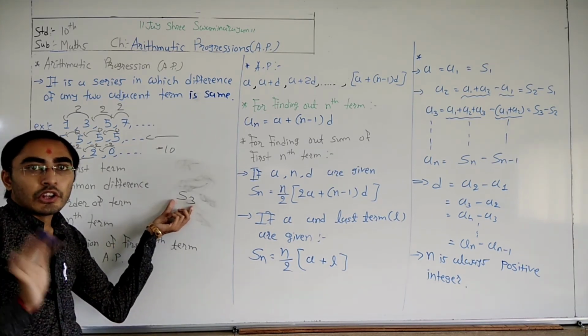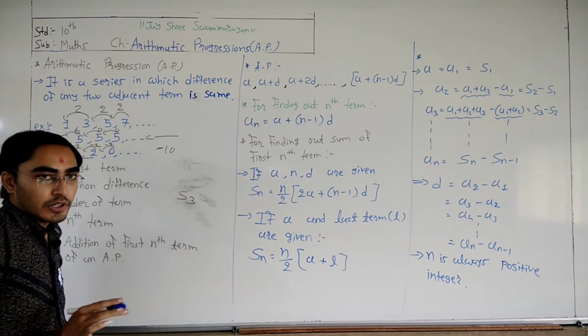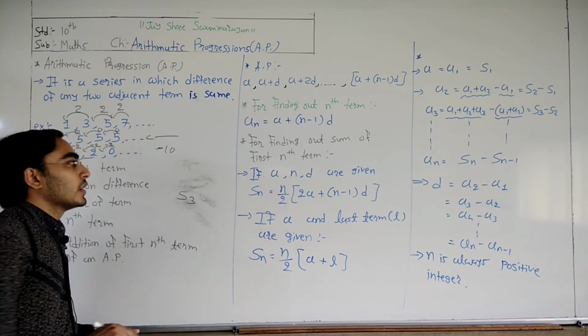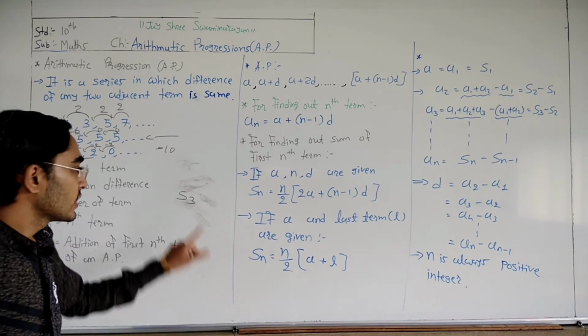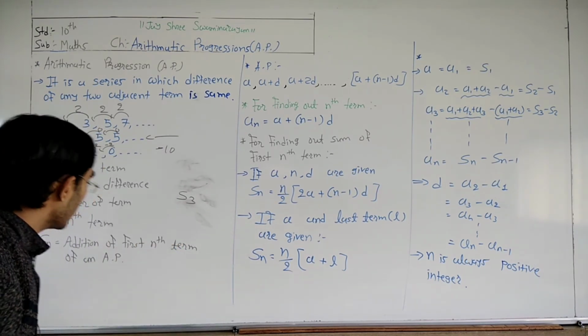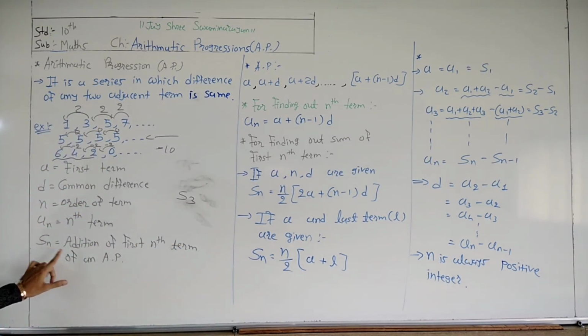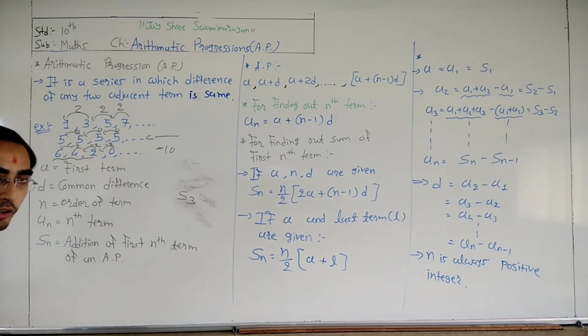S3 means the sum of the first three terms. So Sn represents the addition of the first n terms of an AP.